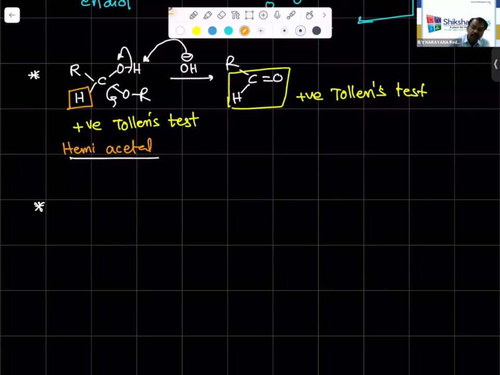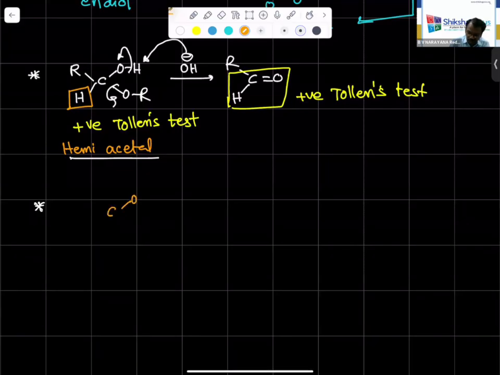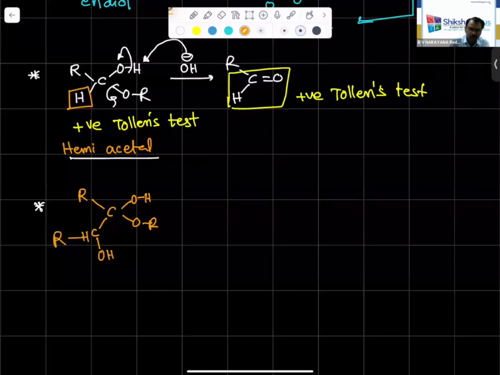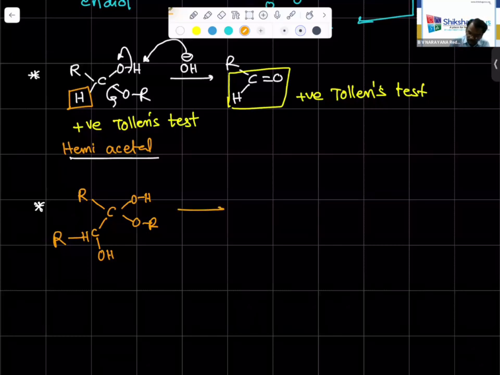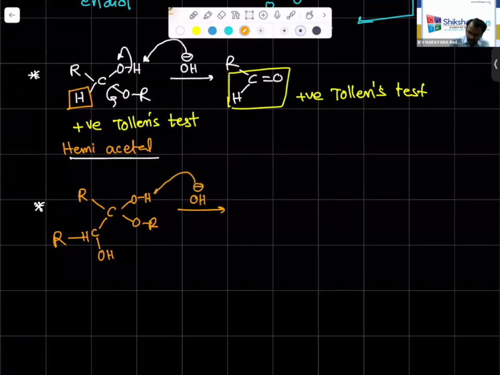But if there is no hydrogen, be very careful now. For example, it is a molecule, carbon के पास OH, OR is there, or a carbon के पास hydroxy alkyl group. Instead of hydrogen, for example, let's say there is a CH-OH bond. Then also positive towards this Tollens test. How? In presence of basic medium, oxygen atom releases H plus.